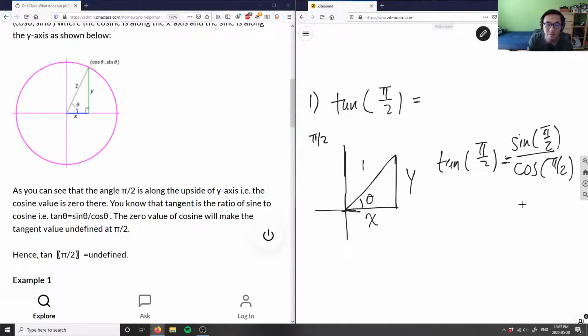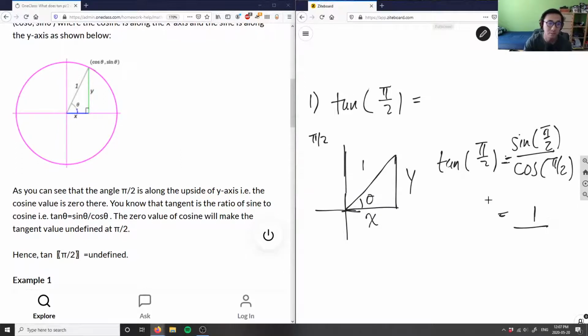Sine pi over 2 is actually 1, because if I maximize this angle, it's opposite over hypotenuse, so some y over 1. So sine pi over 2 is indeed 1.